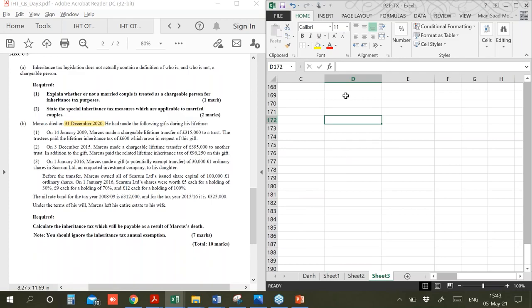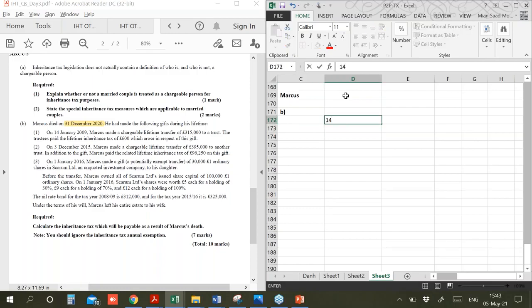Okay, guys, we start with the first transfer. First, I will mention here that it is Marcus. Then, for the examiner, I'll mention here that it is part B. Then, for each transfer, I'll mention a date and then start solving it.